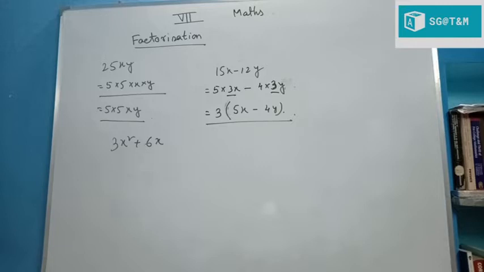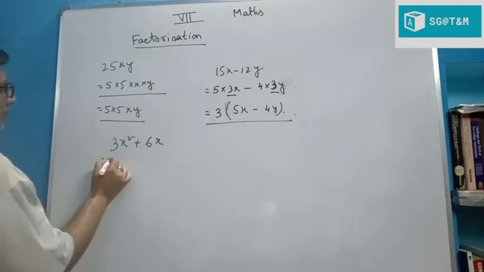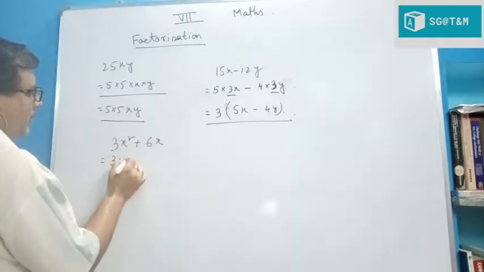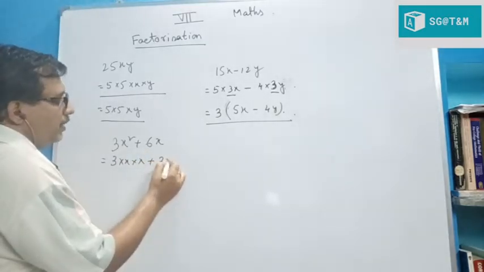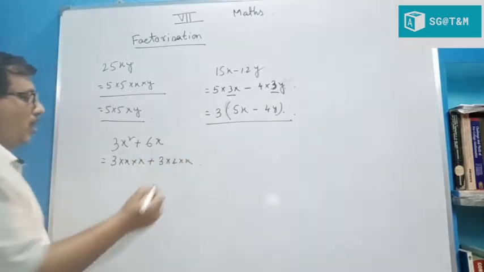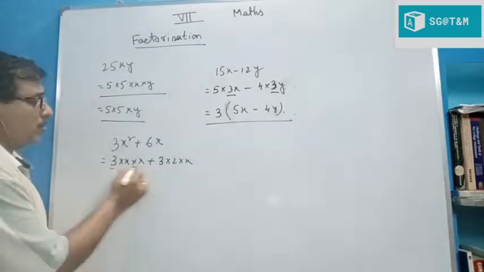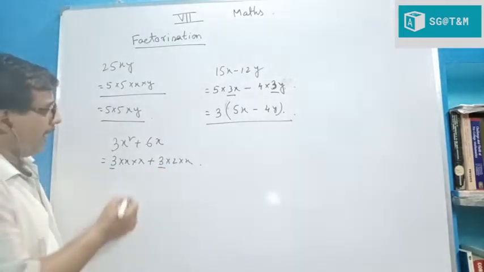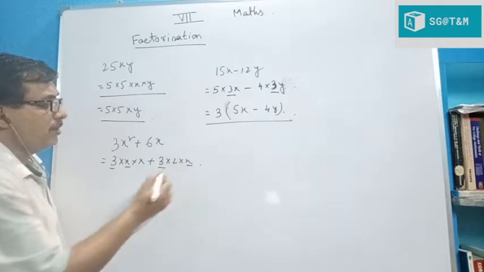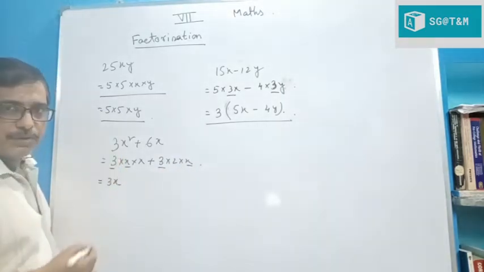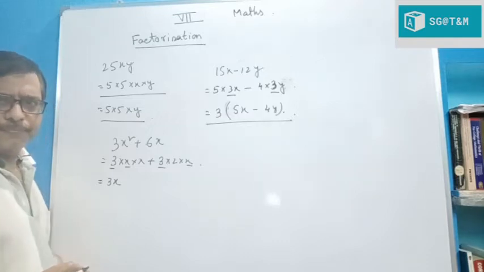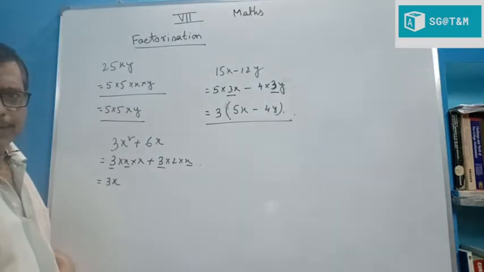This can also be factorized by selecting common factors. 3x square is 3 into x into x. 6x is 3 into 2 into x. Which are common? 3 is common to both terms and x is common to both terms. So if we take common 3 into x, that is 3x.